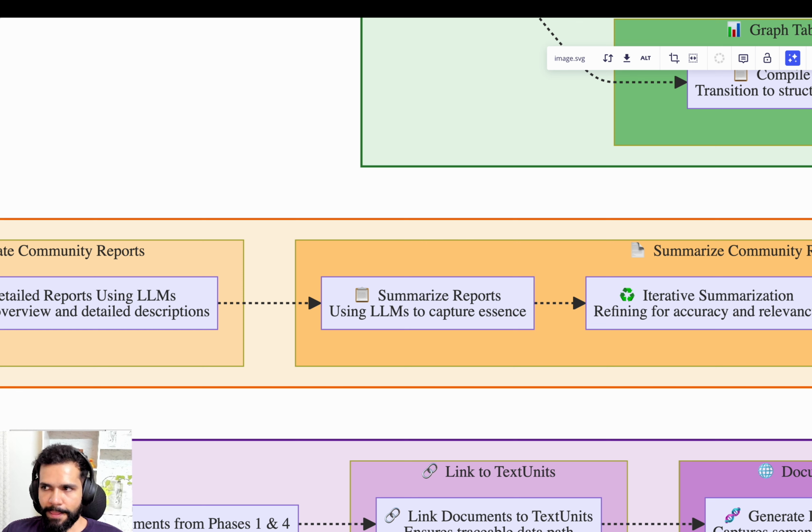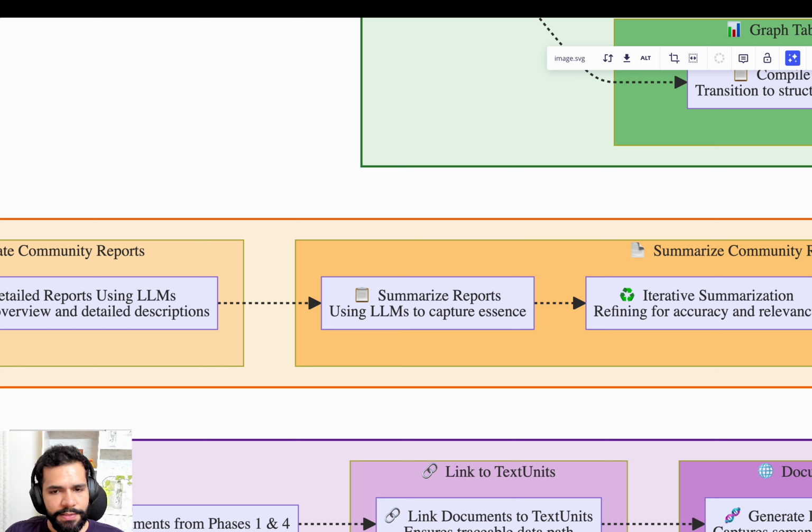But if you think about it, not all communities are the same. So the depth of this summarization and the components that go into it depend on the community's level within the hierarchy. It provides everything from a broad overview to specific detailed analysis. That is the essence of it.